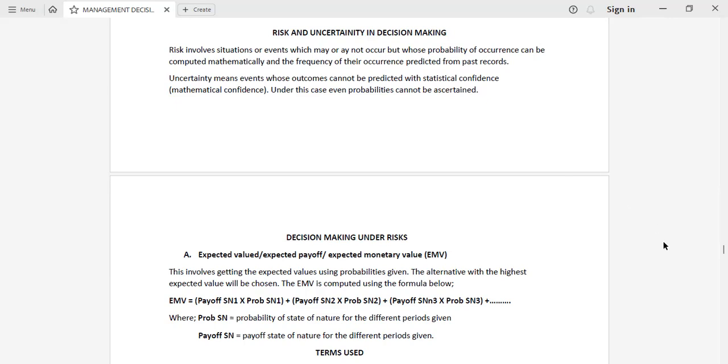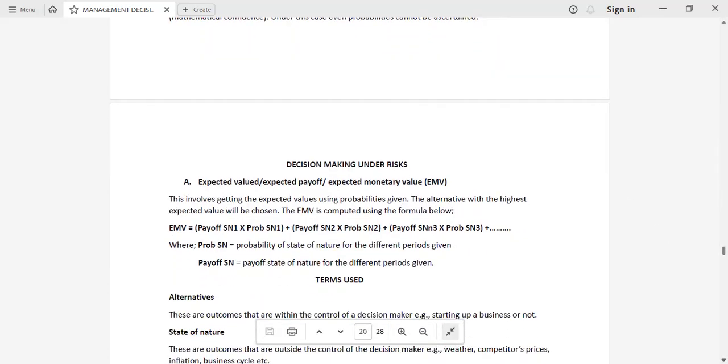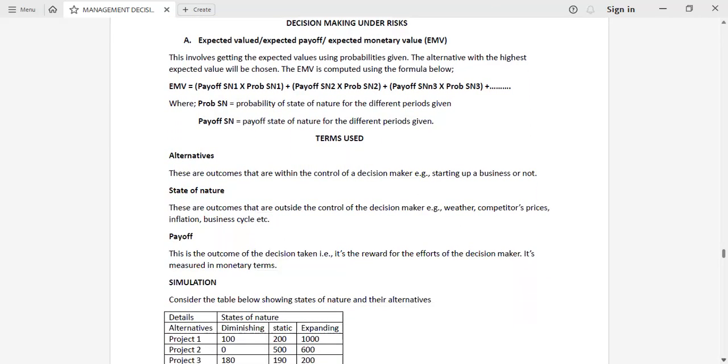So we are going to look at the methods that we can use to know how we can arrive at the result that will help us to make a decision in any way.